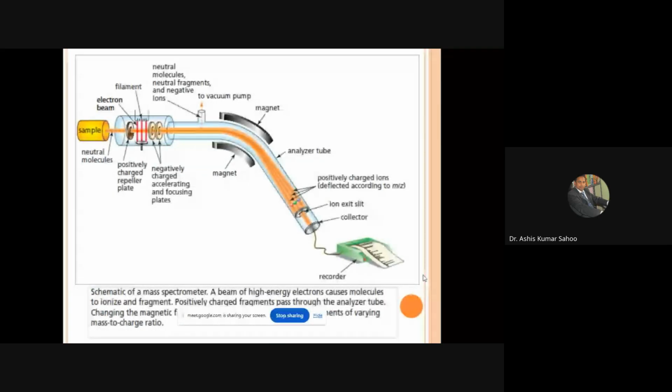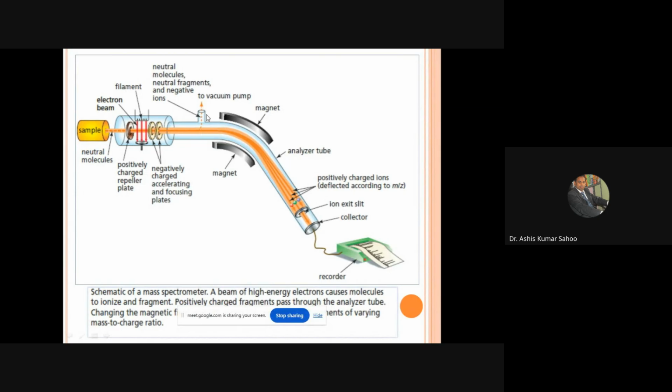So you can see this is the total instrumentation of the mass spectrometer. The sample, a neutral molecule, is inserted here. Due to the presence of the electron beam, positive charge forms here, and here we have different plates.